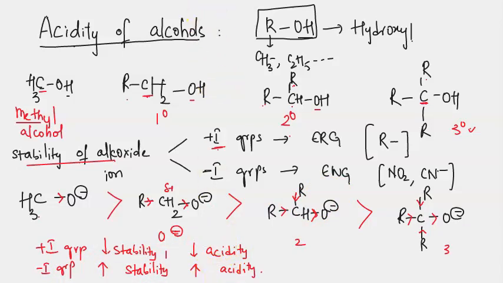So the order of acidity of these alcohols will be methyl alcohol greater than primary alcohol greater than secondary greater than tertiary. This is the order of acidity of alcohols. If in place of the methyl and RCH2 groups there are electron-withdrawing groups such as NO2 or CN, then the order of acidity would be reversed. This is about the acidity of alcohols.